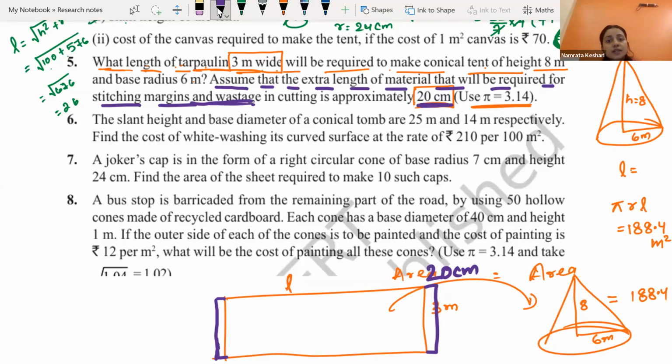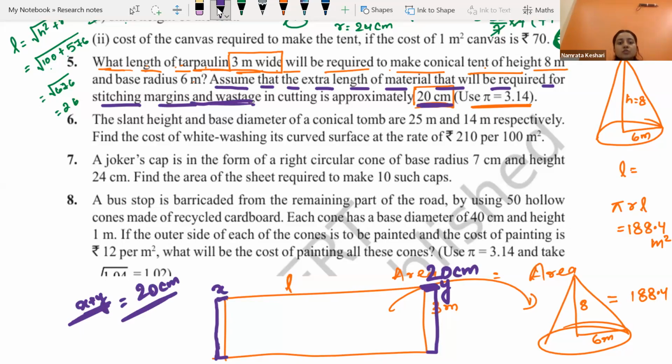Total length is not 20 centimeter; the extras, this extra x and that extra y, added together, which go in the margin, are 20 centimeter. This extra length is given.